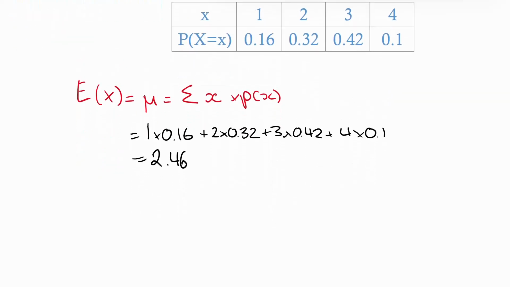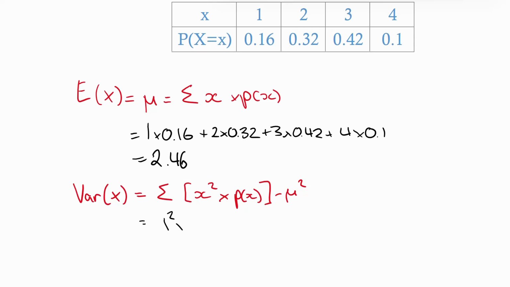We're now going to use the formula to find the variance. So var x equals the sum of x squared times your probability of x minus mu squared. Okay, so now we can do that, and it's very similar to what we did with the expected value, except this time we're just squaring that score.